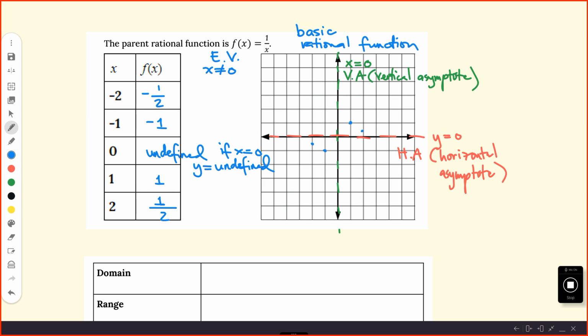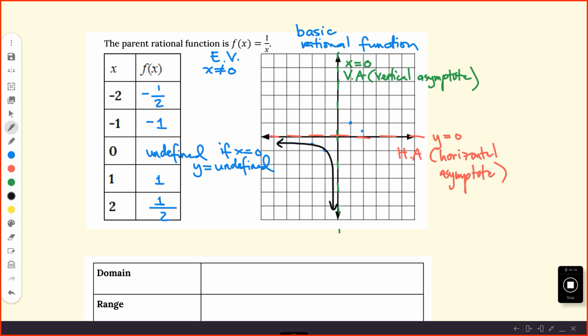If you're going to draw the graph, it's not going to go beyond these lines, right? So if you're going to draw the graph, you connect the points, but make sure it's not going to pass through or go beyond these lines, because these are your asymptotes. And same thing with the other side.